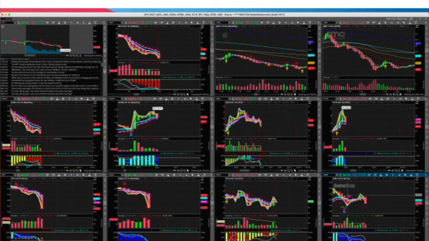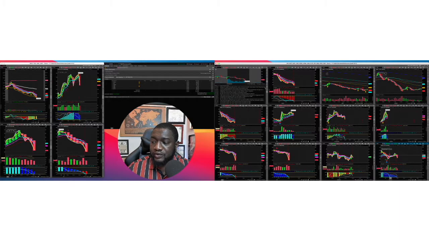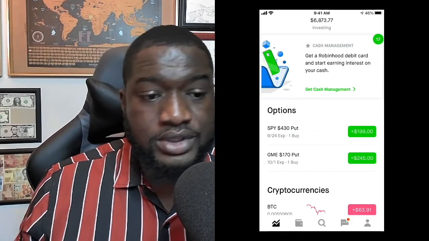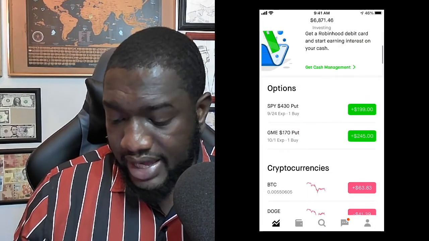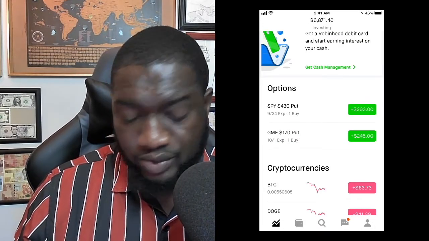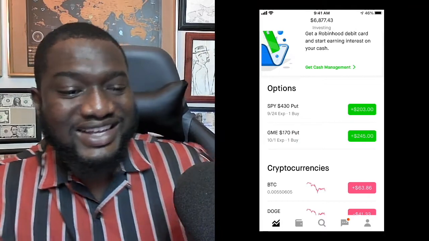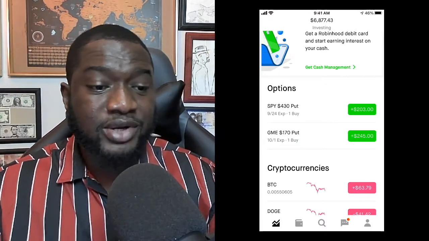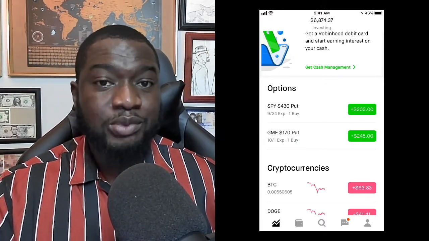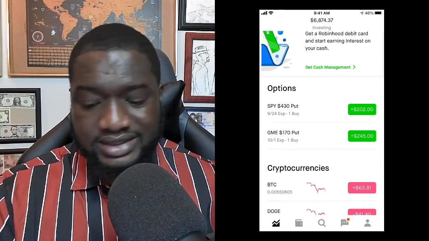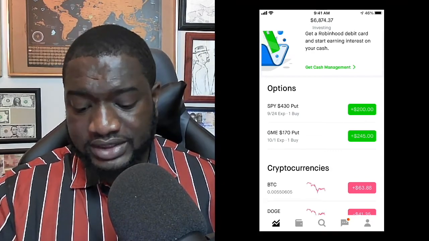The histogram crossover basically showed me that GME is most likely going to go down at some point, so quickly jump on the trade. So what I did was exactly that. And you guys see here that we're printing a little bit of money. We're not the Federal Reserve. That trade is up $245 now.